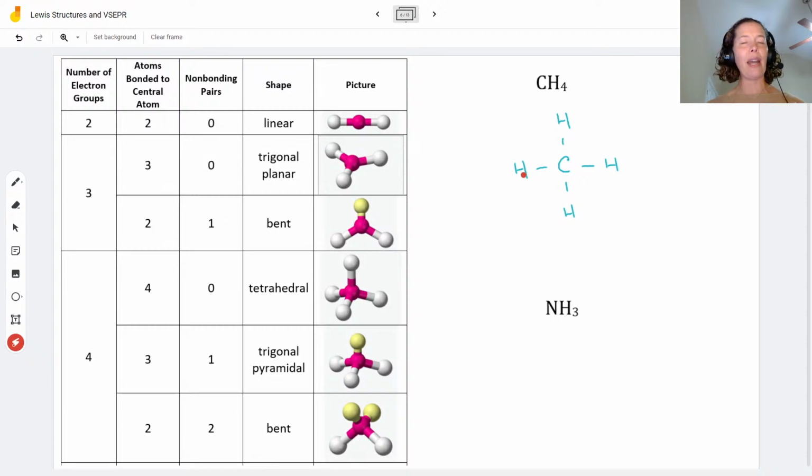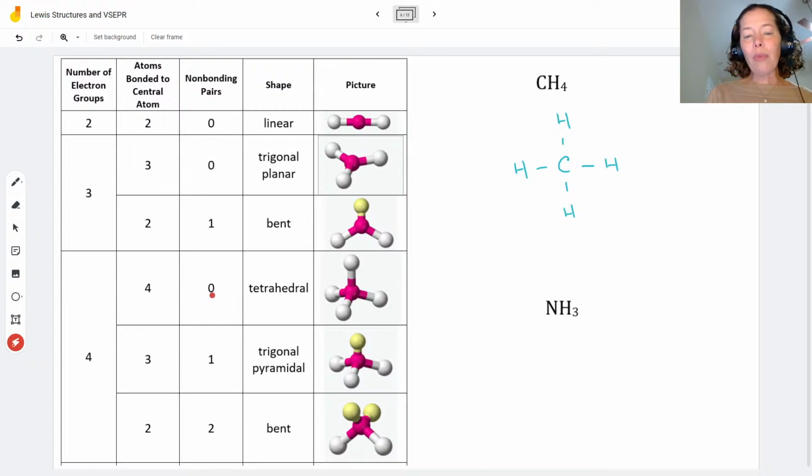Again, it doesn't matter if they're bonded with a single bond, a double bond, or a triple bond, because I'm counting atoms, not number of bonds. And that's something that students find tricky. Okay, so this carbon atom is bonded to 4 atoms. So if I look down this column, I'm looking for a 4, and here's a 4 right here. And there's actually only one option, but we will confirm with the next column.